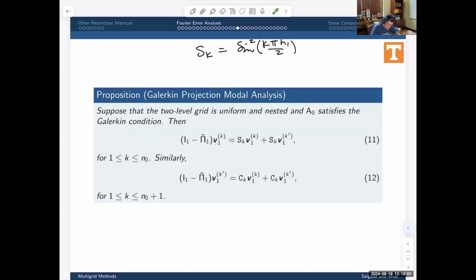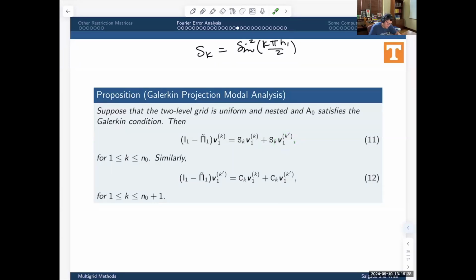So it gets mapped to this, which is the low frequency mode, plus SK times this factor here. This gets mapped to a reciprocal wave, so this is actually a high frequency mode.